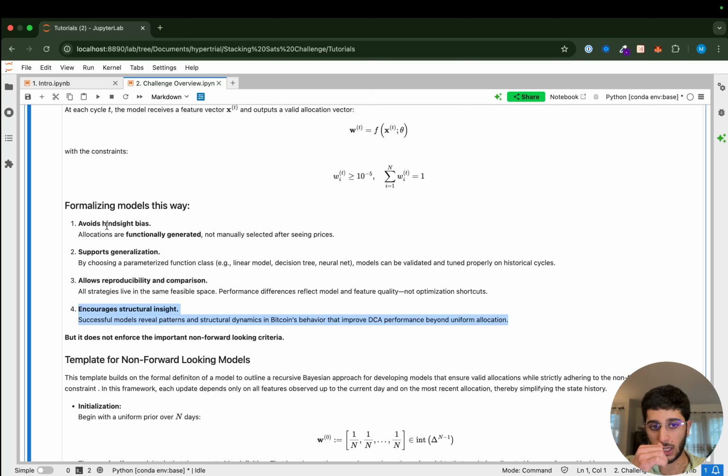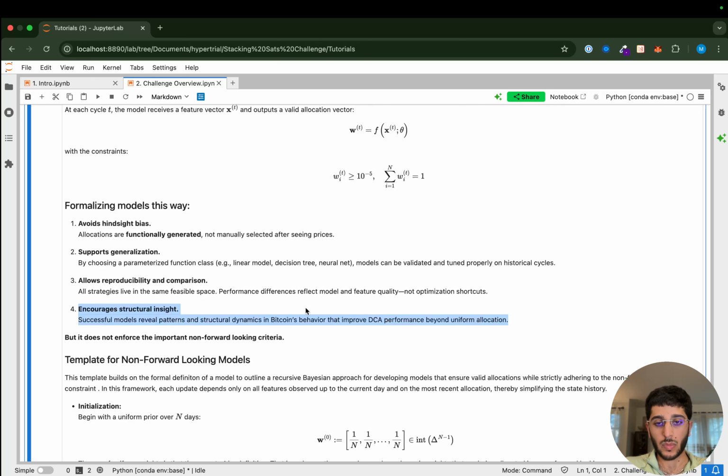I think a very important point is when we're deriving these features and we're thinking about which features to use, how our model should use those features, what we're really doing is that we're unveiling structural properties and characteristics about Bitcoin. Perhaps you're uncovering certain points about how volatility clusters, or certain seasonal aspects of Bitcoin that you're later leveraging to improve accumulation.